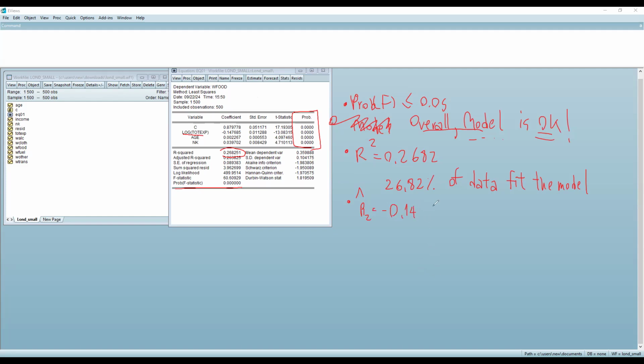If total expenditure increased by one unit, 1 billion, 1%.